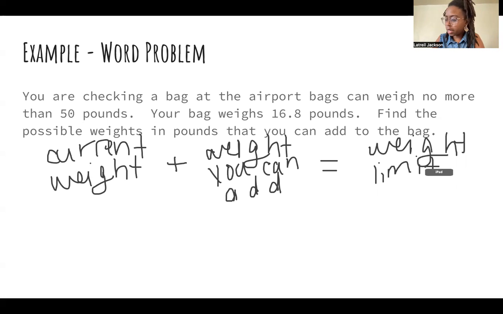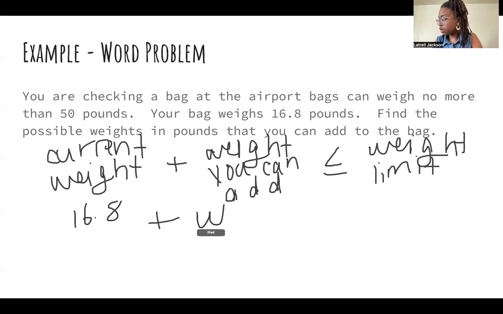Okay, so our current weight is 16.8. And we don't want to say equals. We want to say it has to be less than or equal to. All right, so we have 16.8 pounds, plus the weight you can add, which we're not sure, it can be anything between a certain limit, is less than or equal to 50, which is the weight limit, okay?